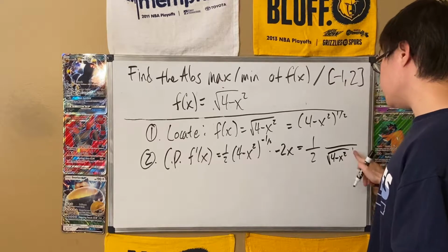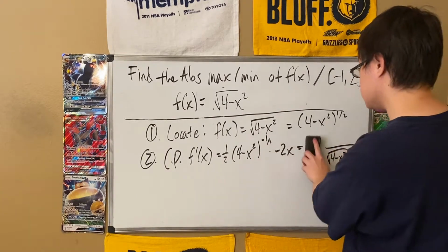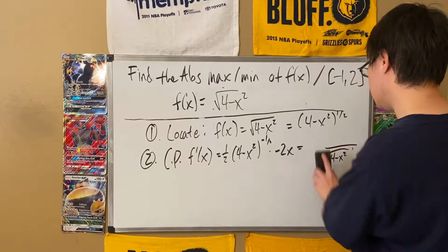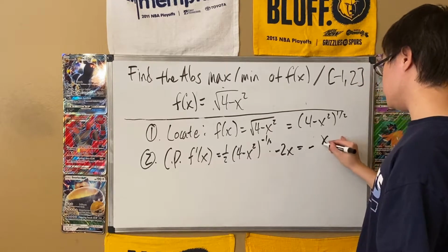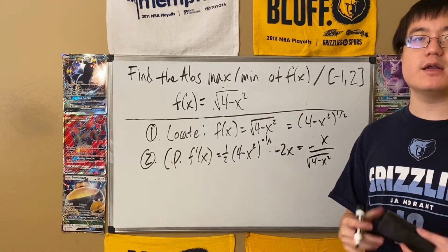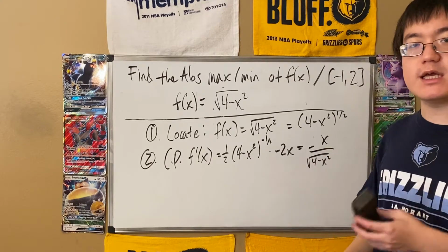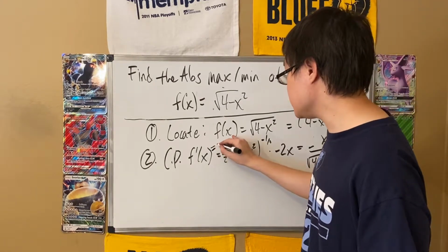And then on the top here, it looks like we have -2x. The 2's cancel, so I'm just going to simplify this to be -x over the square root of 4 minus x squared. Keeping in mind that again, what we're doing is setting the derivative equal to 0, or seeing where this doesn't exist.